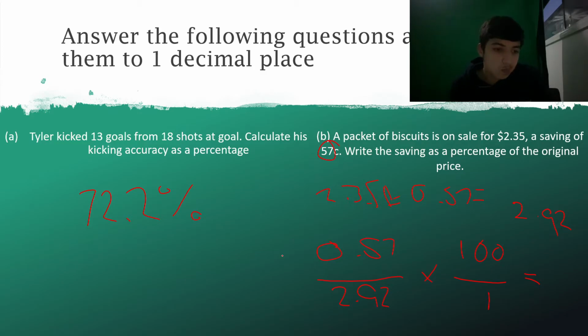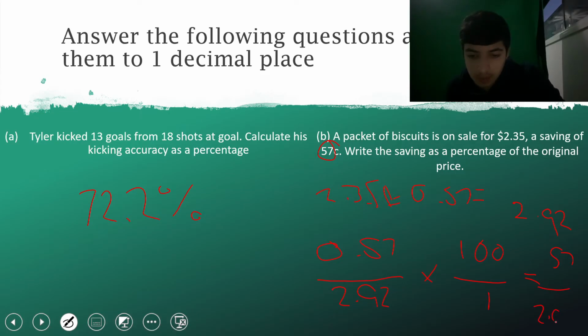Now we have it here, 0.57 times 100, so you write 57, divided by 2.92.